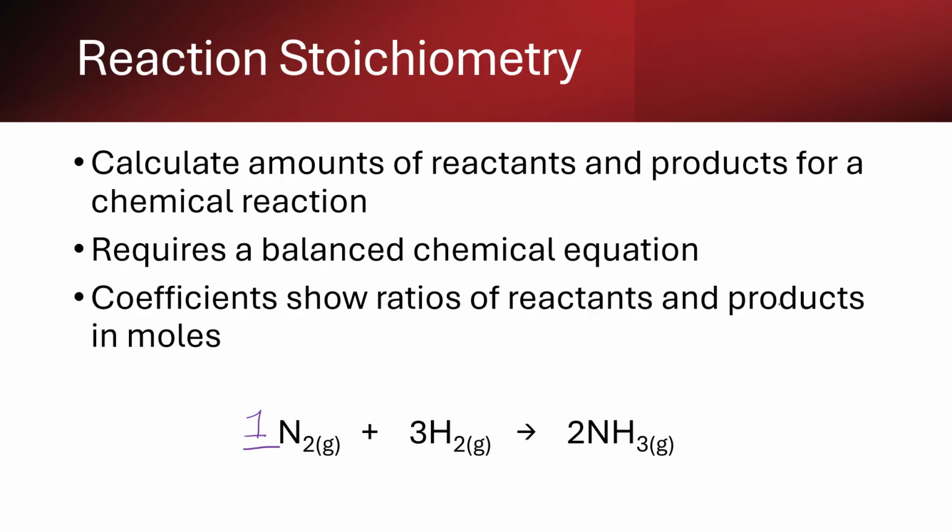Moles is the standard interpretation when we do reaction stoichiometry, but I just wanted to point out, because sometimes it's shorter and quicker to do calculations, we can also interpret the coefficients as showing us the amount in terms of representative particles, which for this particular reaction would be molecules. Right, so these coefficients also show the ratios in terms of molecules or representative particles.